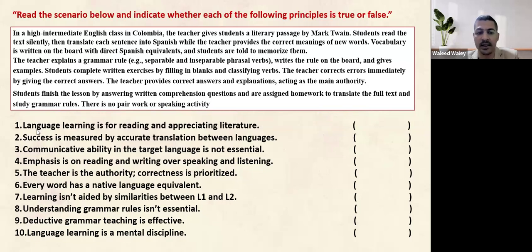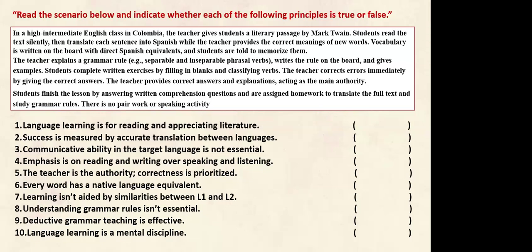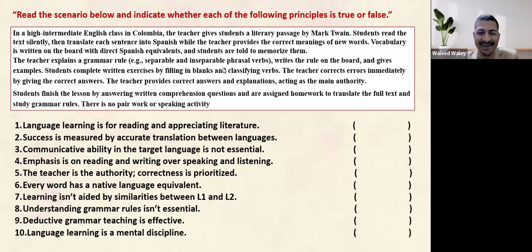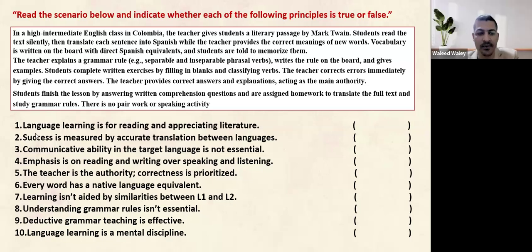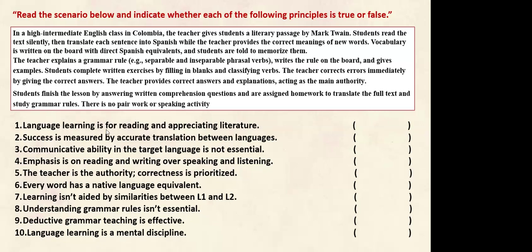Number one, language learning is for reading and appreciating literature. Correct or false? False. Okay, let's see. According to the scenario, like this is GTM, and according to GTM, this approach is wrong?